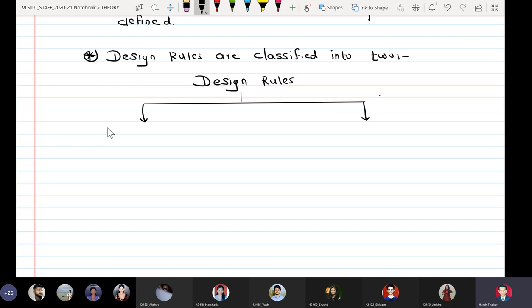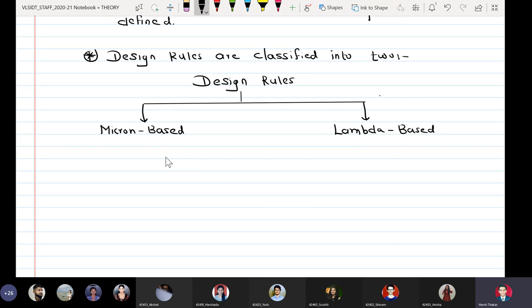First is known as Micron-based rules. And second is Lambda-based, L-A-M-B-D-A, Lambda-based.